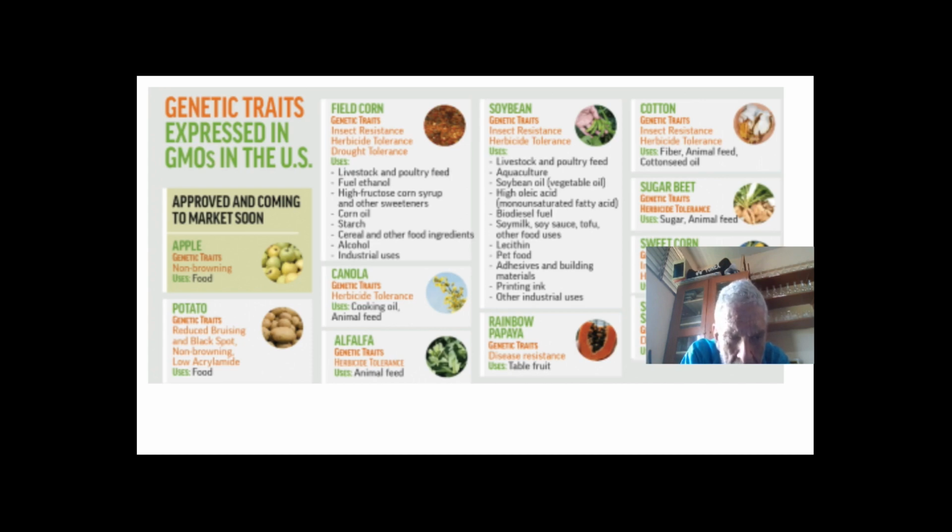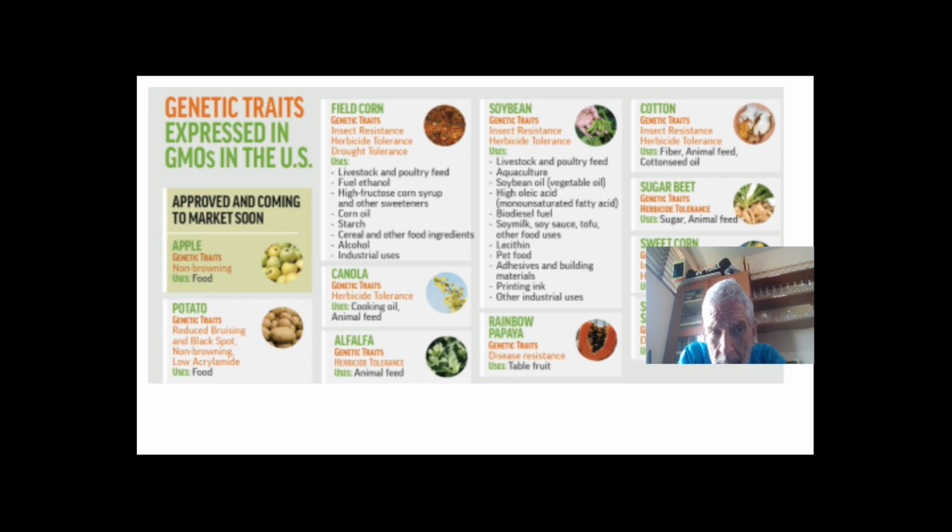You have potatoes, reduced bruising and black spot, non-browning, because potatoes also undergo browning, and low acrylamide. You might know that Irish potatoes, when you fry them or roast them, produce fair quantities of acrylamide, which is carcinogenic. So these potatoes will be healthier.